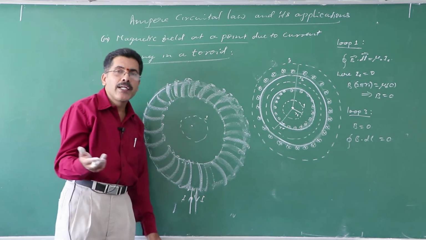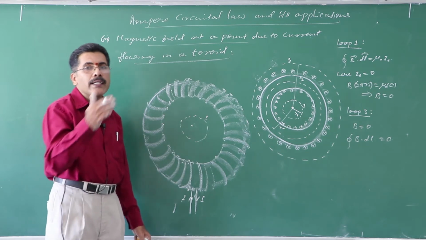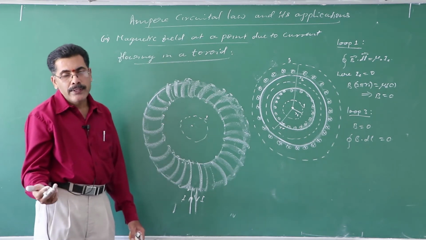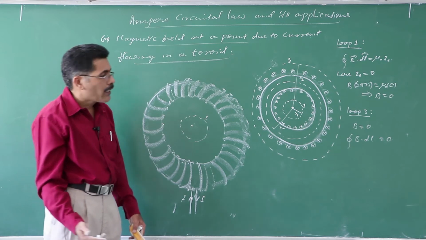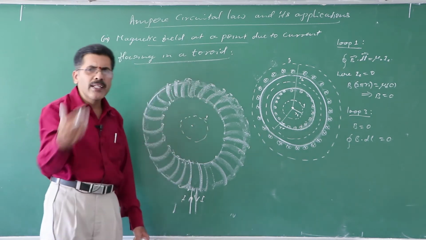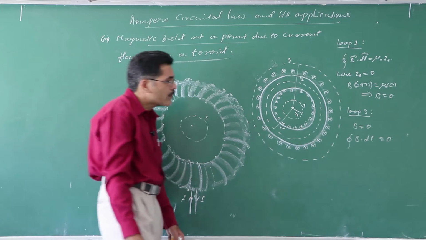They cancel each other and the net magnetic field is very weak, approximately taken to be 0.